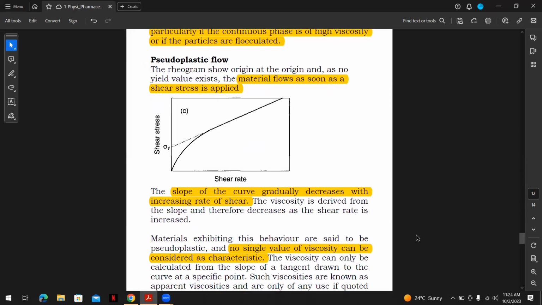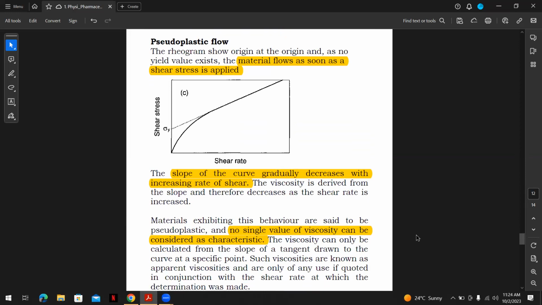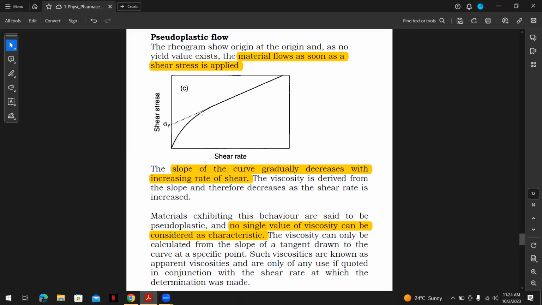Now for pseudoplastic flow, as I was saying, it behaves as a plastic flow, but not really. Because for pseudoplastic flow, once shear stress has been applied, the material will flow as soon as it's applied. And here, as you increase the rate of shear, the viscosity decreases. So shear rate increases, viscosity decreases.